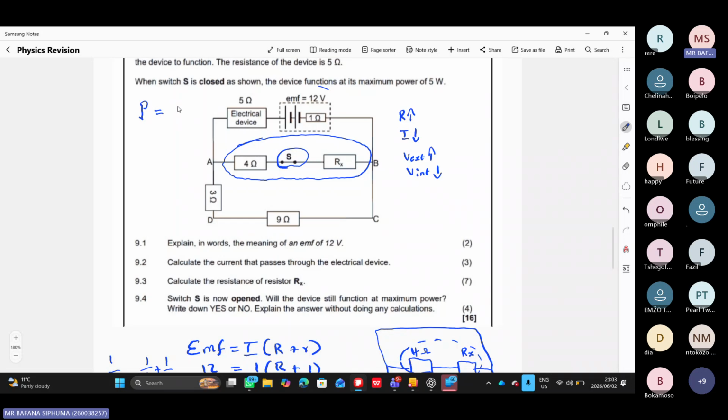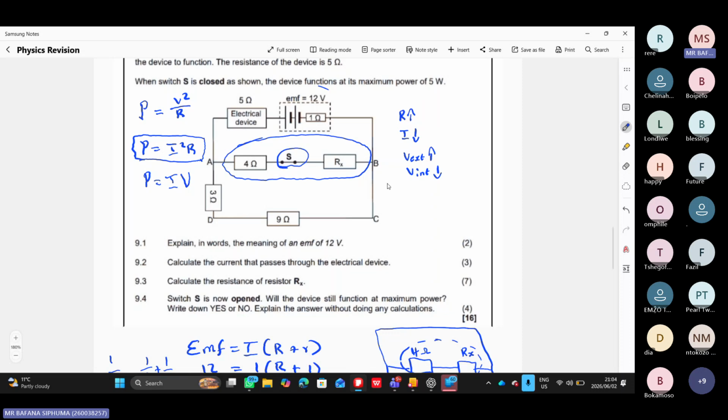You have P is equal to V squared over R, and also P is equal to I squared R. Then which other formula? P is equal to IV, and V is equal to IR.